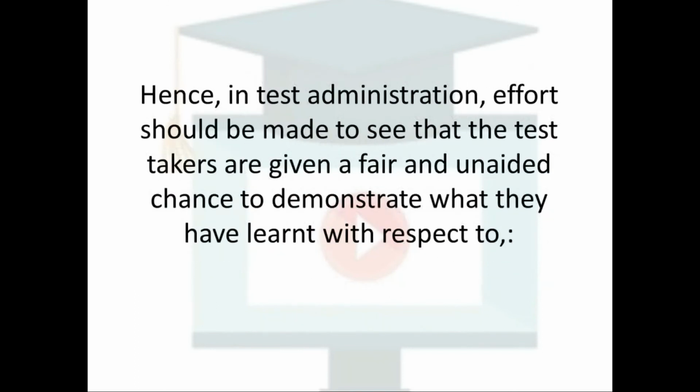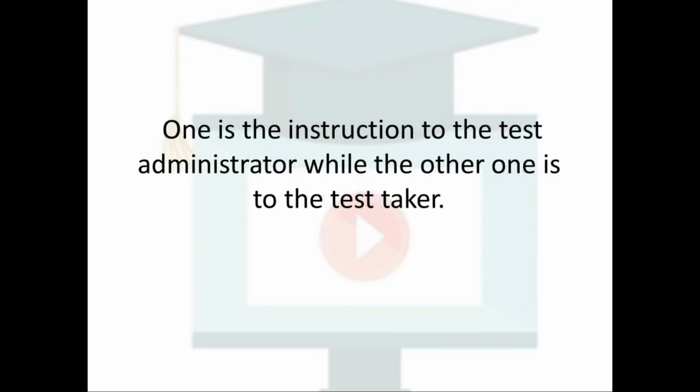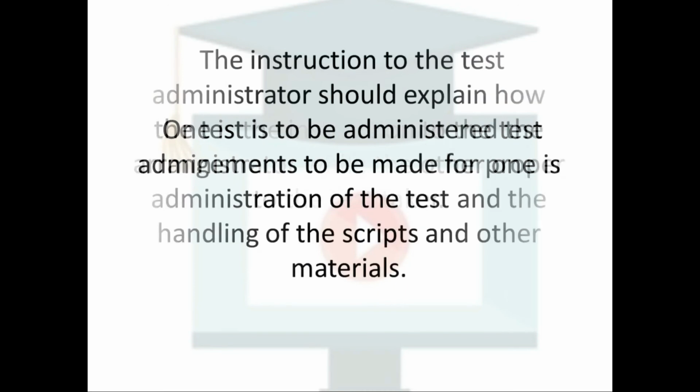Hence, in test administration, effort should be made to see that the test takers are given a fair and unaided chance to demonstrate what they have learned. With respect to instructions, a test should contain a set of instructions which are usually of two types. One is the instruction to the test administrator, while the other is to the test taker.